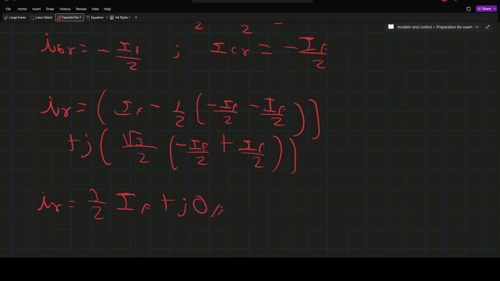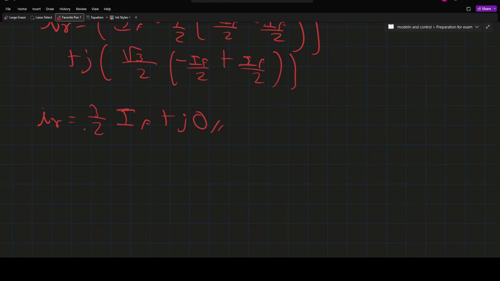Okay, so now for the stator, our voltage equation doesn't really change because it's still our three phases. So we have R1 IS plus L1 d/dt IS plus L0 d/dt ISR.